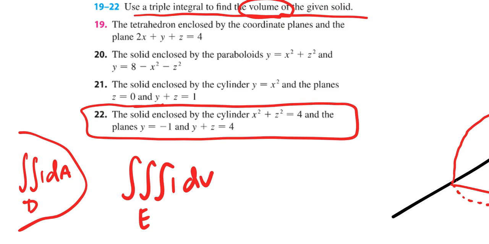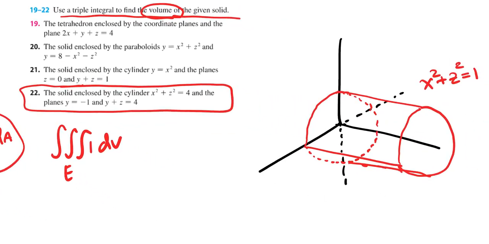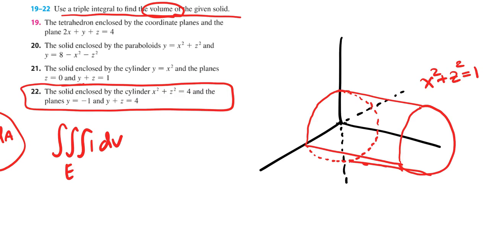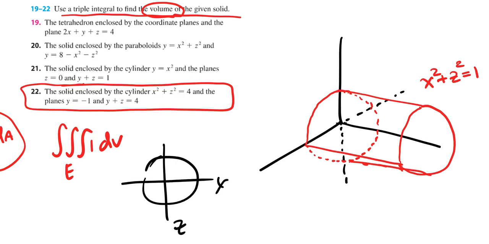Anyway, the cylinder I've drawn in red here is the cylinder x squared plus z squared equals 1. Maybe not the best cylinder you've ever seen, but basically you just draw your circle in your xz plane, and since there's no y coordinate there, you just continue it out in the y direction. Then the plane y equals -1 is back there somewhere.